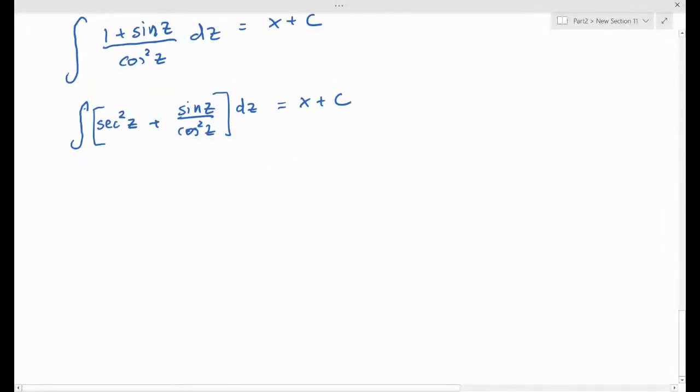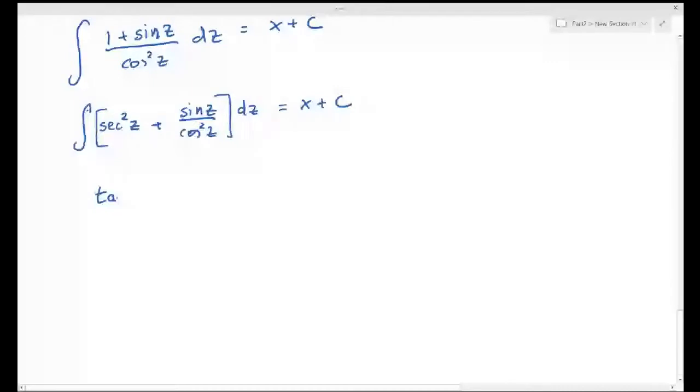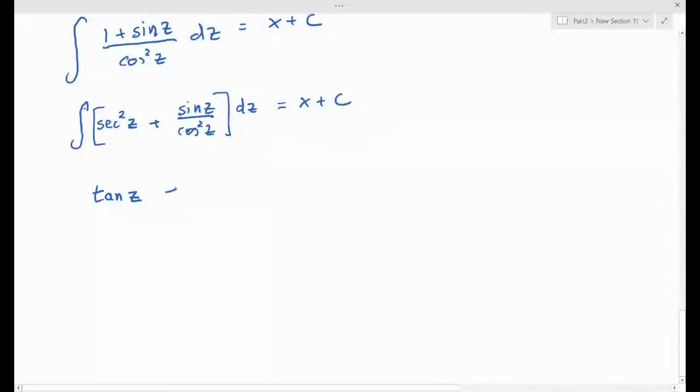What's the antiderivative of secant squared? It's tangent, right? Cool. And then the second term we can integrate by substitution, where u is equal to cosine.